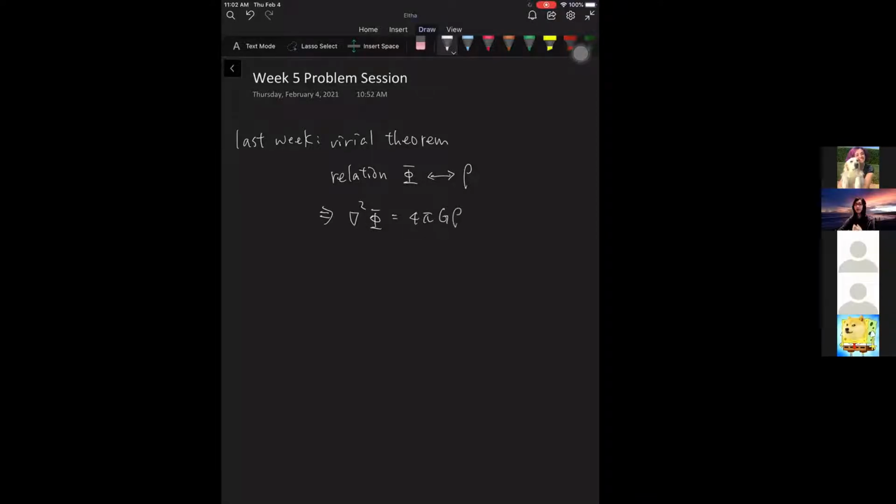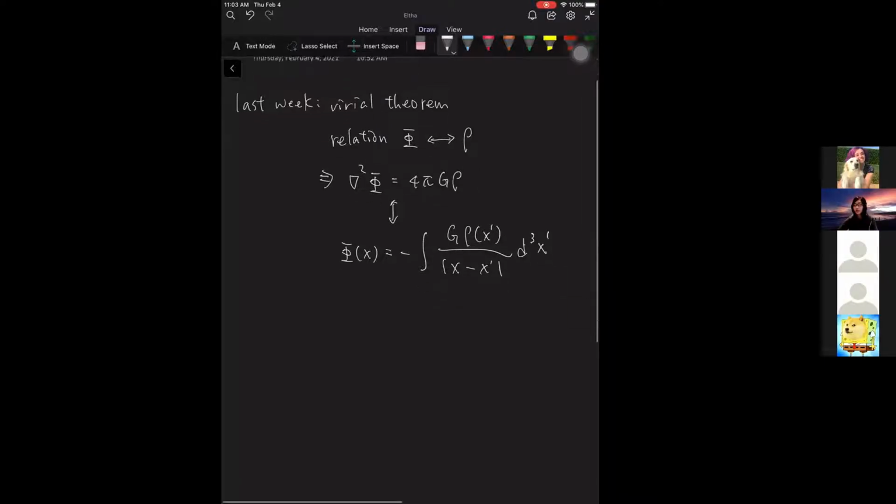And this is also equivalent to the definition of the gravitational potential, which is negative, G rho of x prime over the distance, dV. So these two equations are equivalent. And this is for last week.